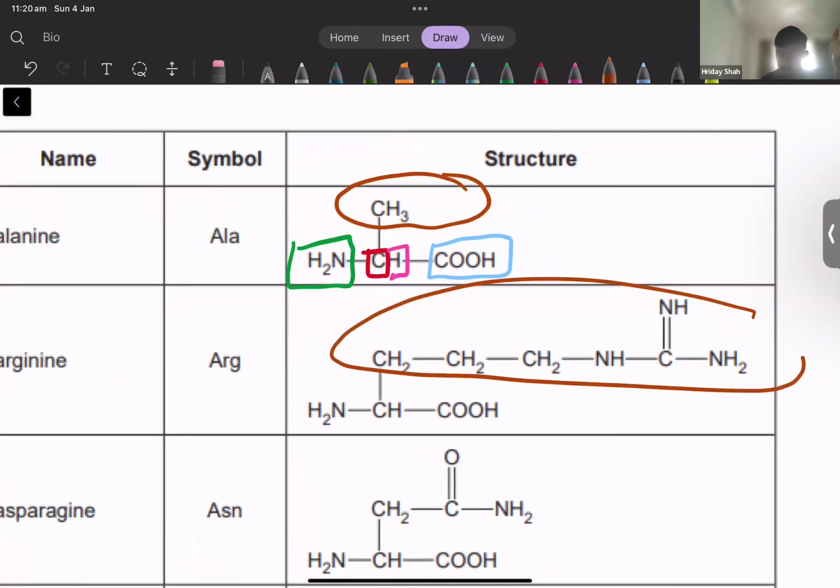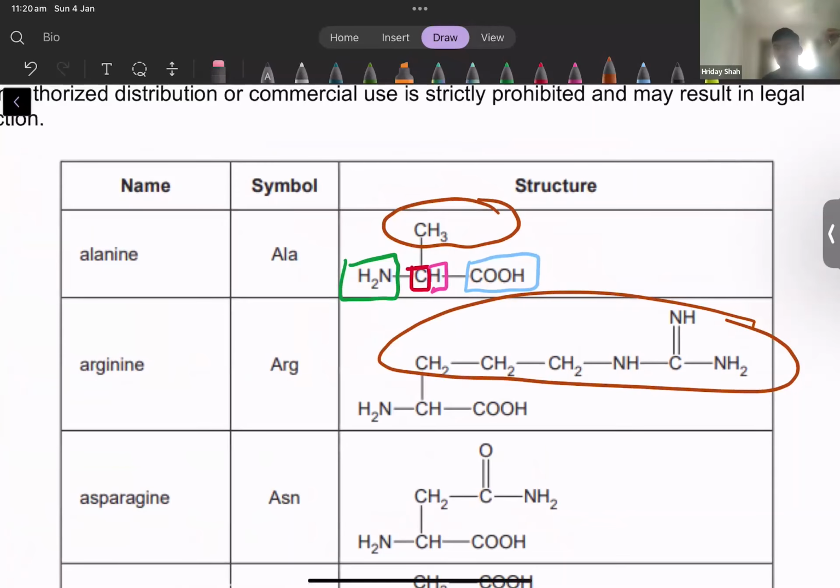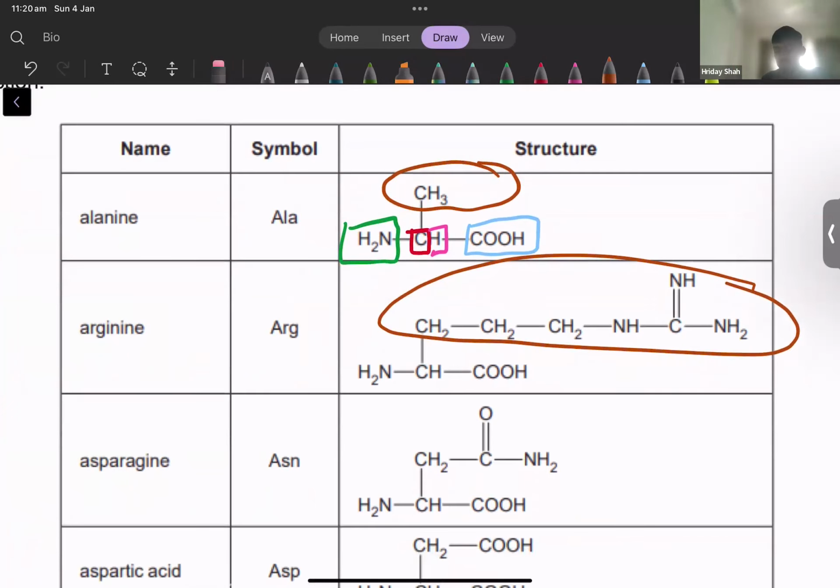And you can see that if we compare the first two, alanine and arginine, these two have very different variable R groups. Therefore, they will have very different properties. As an example, alanine is very small. It is non-polar. It is non-charged. Arginine is comparatively a lot larger, so it's probably not going to pass through the plasma membrane, being so large.